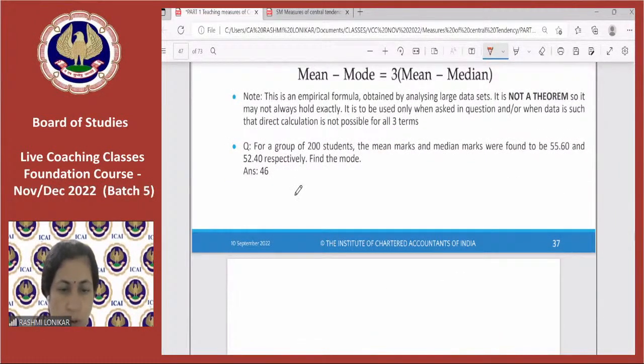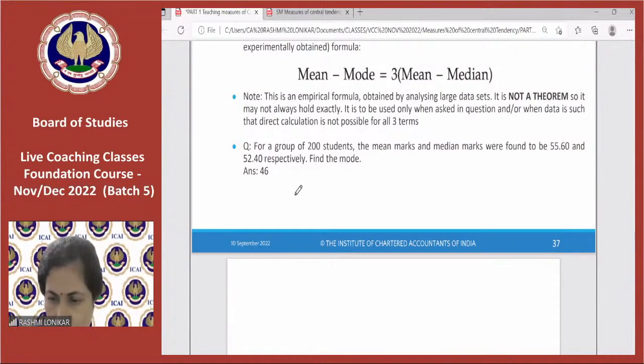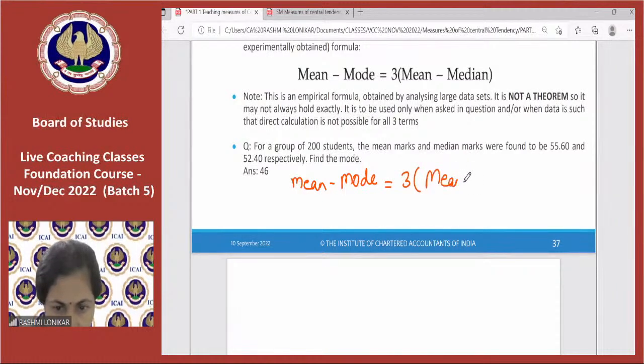For a group of 200 students, the mean marks and median marks were found to be 55.6 and 52.4 respectively. Find the mode. Okay. So what is my formula saying? Mean minus mode is equal to 3 times mean minus median.